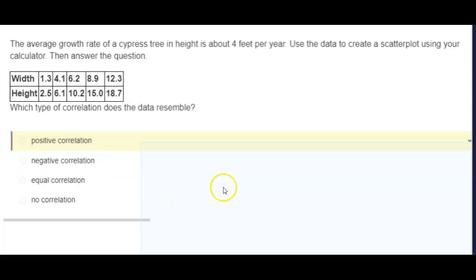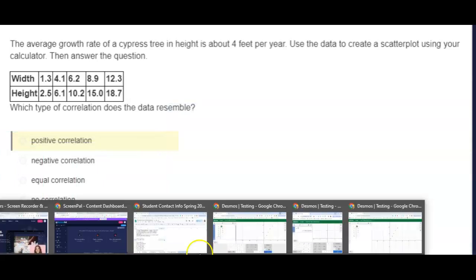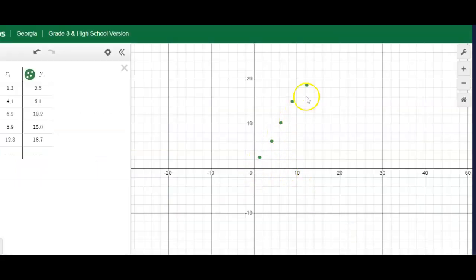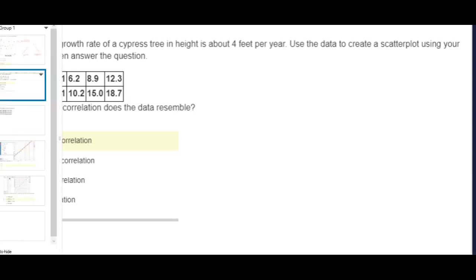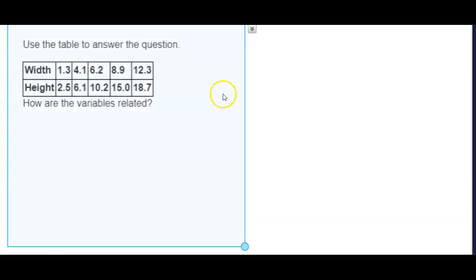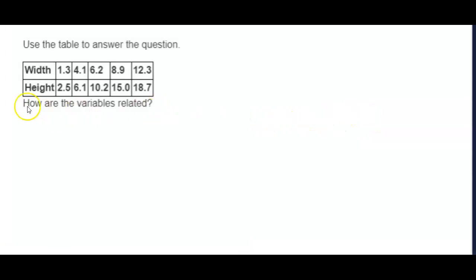So once we got everything in the calculator, we could tell that this was a positive correlation because it's all going uphill. If you imagine starting your ball at the left side of the graph, it would go uphill. So that is a positive correlation. Let's look at the next one. It says use the table to answer the question, how are the variables related?